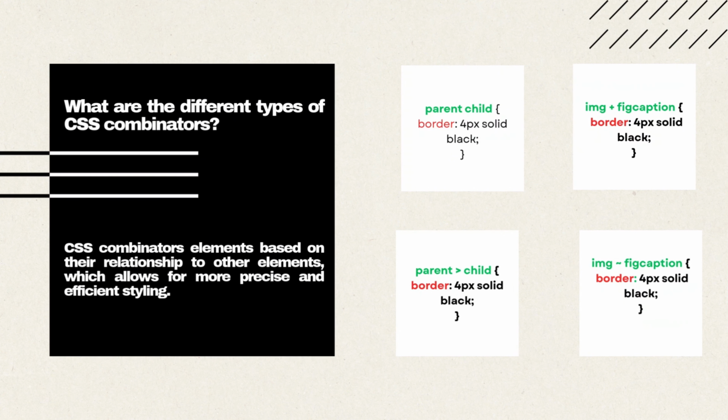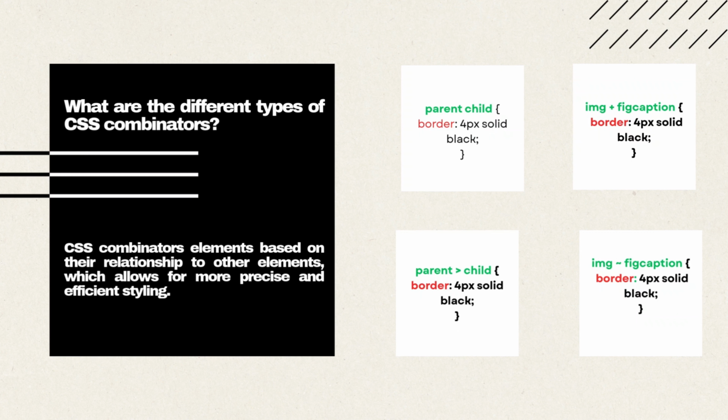Right, let's move over to the child combinator, which is this next one here, that has the right angle sign. All right, so basically what this does is it's going to style the immediate children.